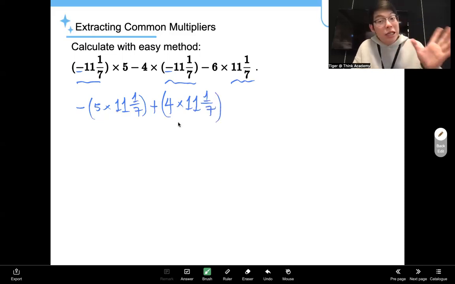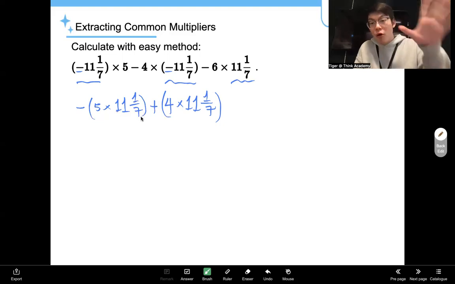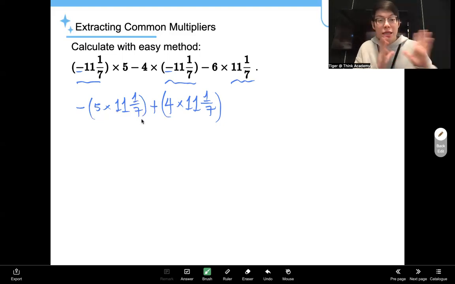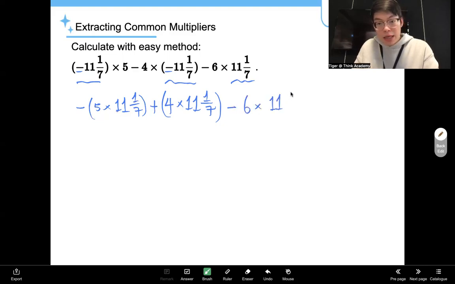So I don't actually need the brackets here, all right? I put the brackets around just to show you that we are considering the product and the signs separately, all right? And then finally, we have minus 6 times 11 and a seventh. So that's just minus 6 times 11 and a seventh, right?